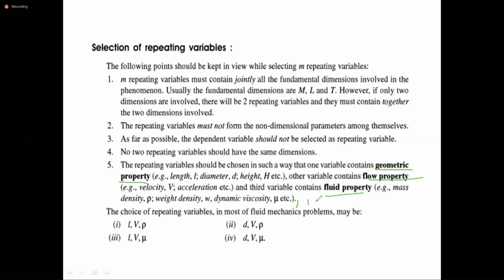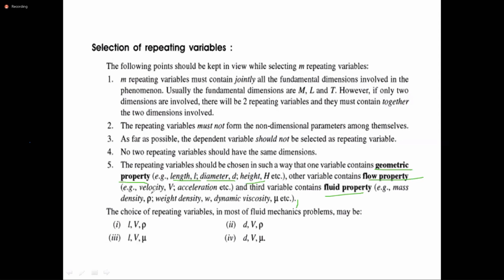You cannot say heat, but temperature based property, right? For example, geometric property depends upon the length, diameter, height, area, like that. All those things. Right? Flow property.